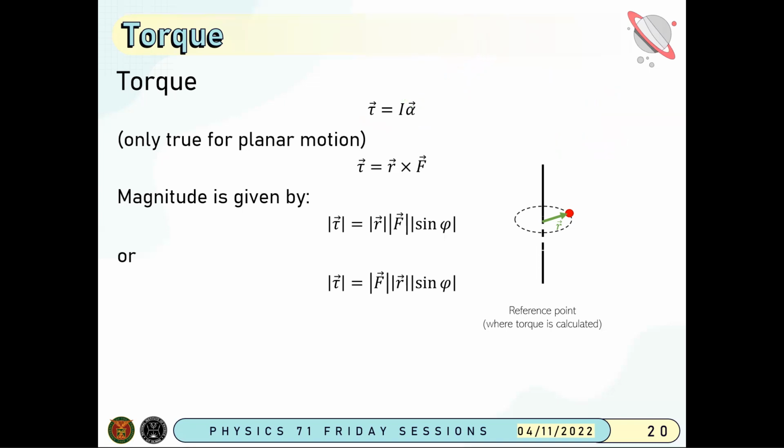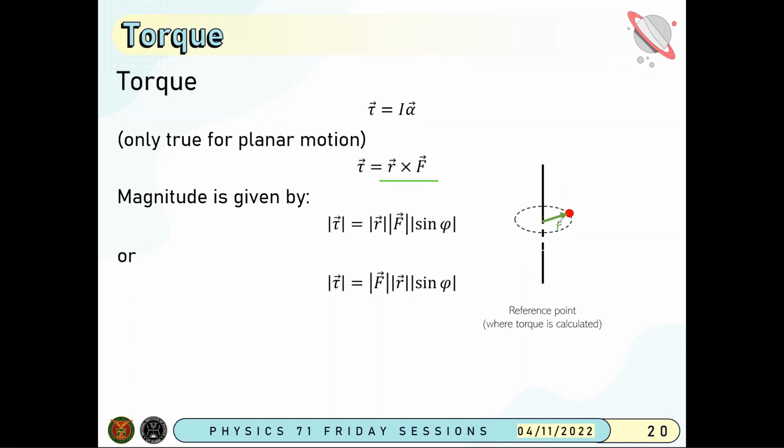Okay. So there are other ways to define torque bukod dyan. So bukod sa I times alpha, we can also define torque as the cross product between the radial vector R and the force vector F. Okay. So for example, here, ang rotational axis natin is this block, right?